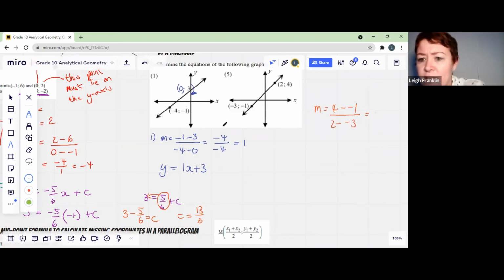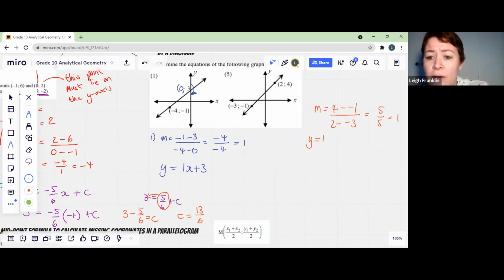So 4 minus -1 leaves us with 5. And 2 minus -3 leaves us with 5. So I'm getting a gradient of 1. Am I doing something wrong? 4 minus -1. No. Over 2 minus -3. That's what I'm getting. You missed a negative. Okay. It's all right, Phoebe. Again, it doesn't matter. We all make mistakes. All right. So I'm still getting a gradient of 1.